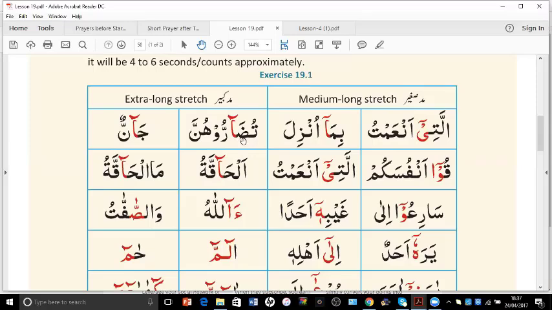Here, this dha gets extended for about 4 seconds minimum, then gets joined onto the ra mushaddad. Dhar. Well done, that was really nice. And then this ra with the waw madda following it becomes a ru. Then we put it together. Tudarruhunna.